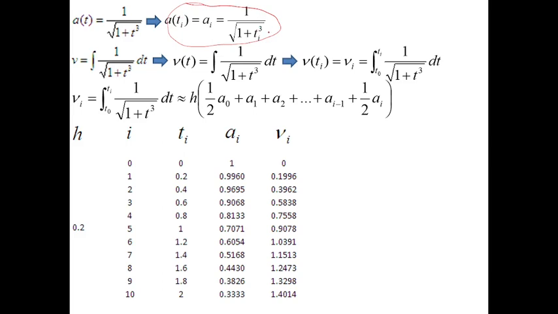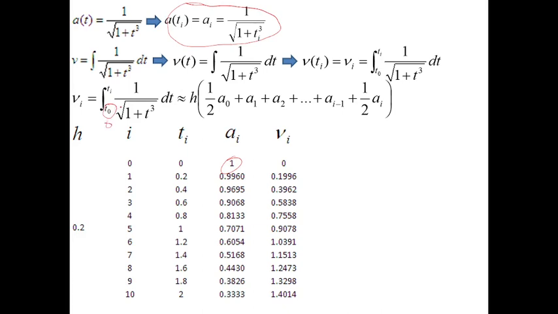So 1 over the square root of 1 plus 0 cubed, so we get 1. Then for v sub i, this t sub 0 is 0.